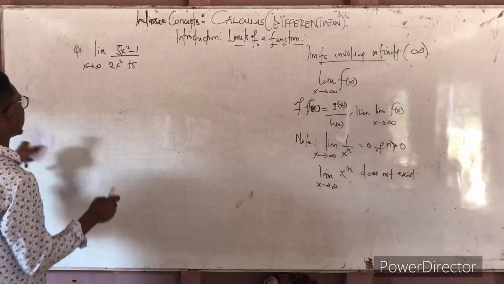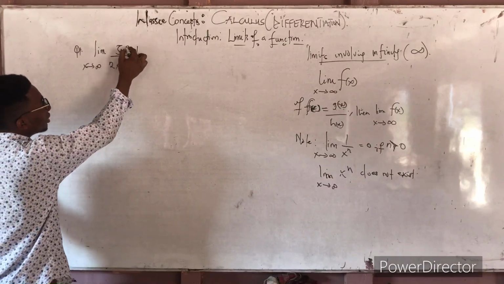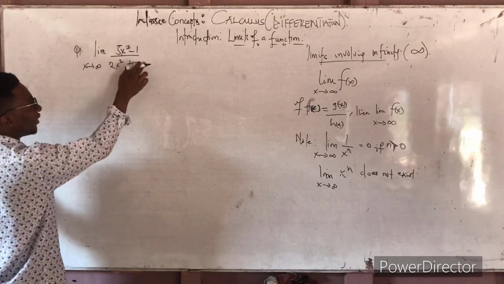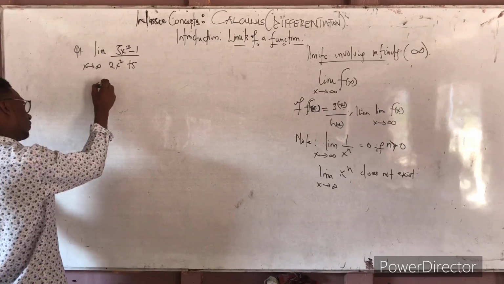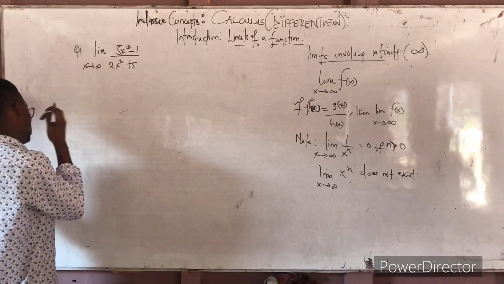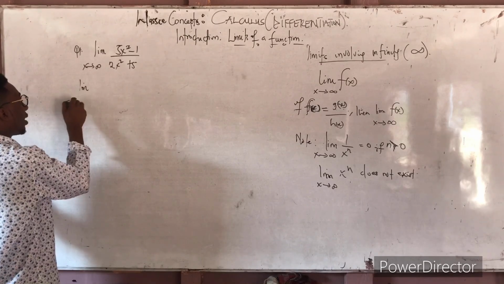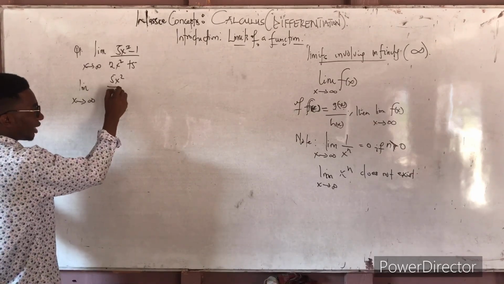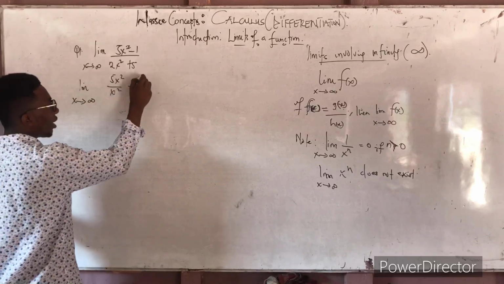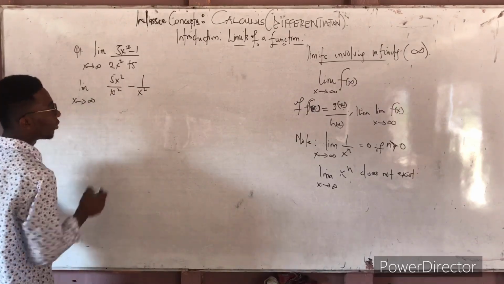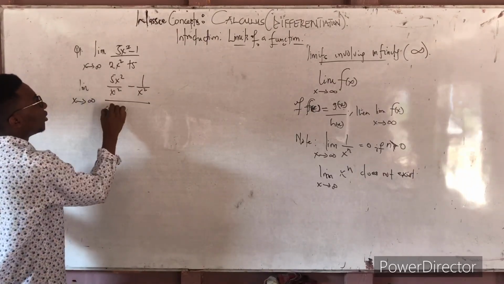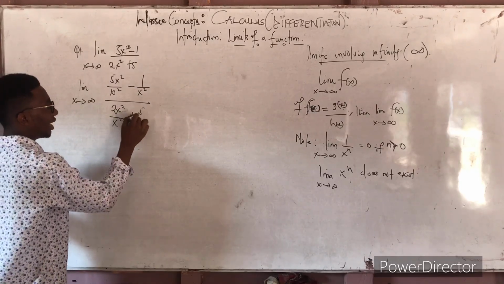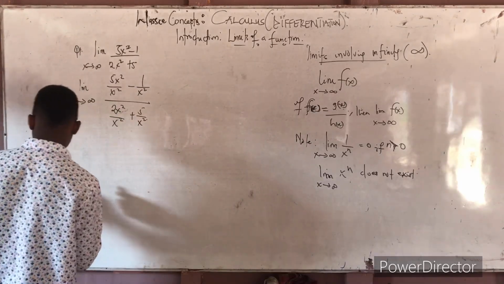How do you go about it? First of all, the highest degree here is what? It is x squared. So you have to divide each term of the function by x squared. The limit as x approaches infinity of 5x squared divided by x squared minus 1 divided by x squared, all divided by 2x squared divided by x squared plus 5 divided by x squared.